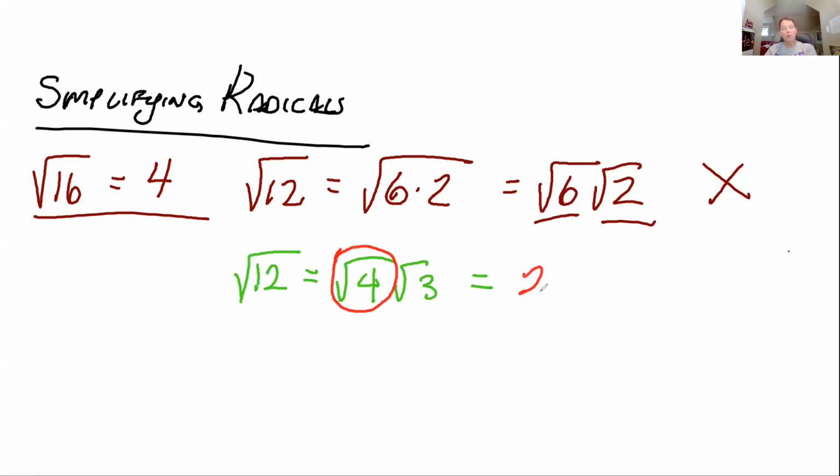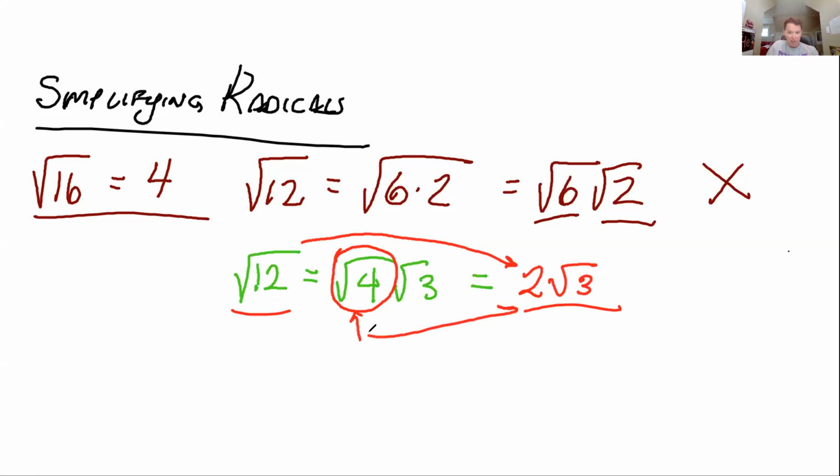That is 2, and then I have the square root of 3. And indeed, that would be correct. The square root of 12 simplifies to 2 times the square root of 3. I've taken a factor whose square root I do know and simplified it. I've taken a factor whose square root I don't know, I left it alone. So this is going to be how we approach this idea of trying to simplify radicals.